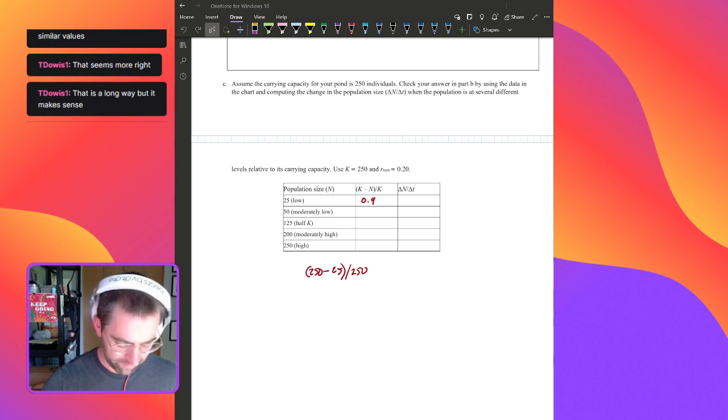Why do I have such a different number than my answer key? Yeah, that's definitely just a typo.